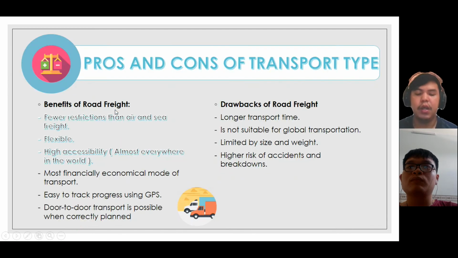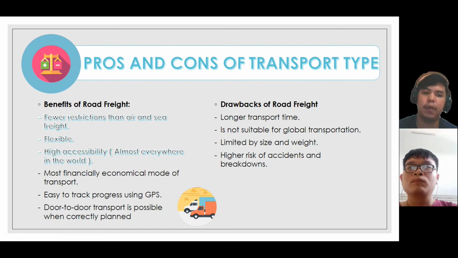Now that we know which good use which type of container, it's time to consider the transport method you should use. In order to do that, let's look at the benefit and the drawbacks of each types of transport.